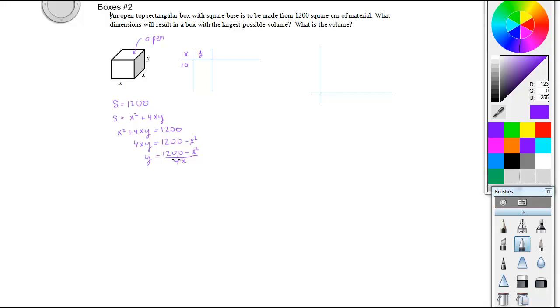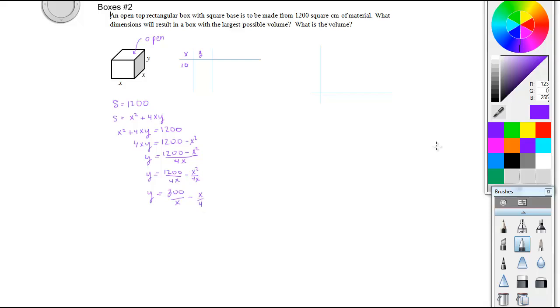And then let's clean that up a little bit. That would be 1200 over 4x minus x squared over 4x. And so y is equal to 300 over x minus x over 4.